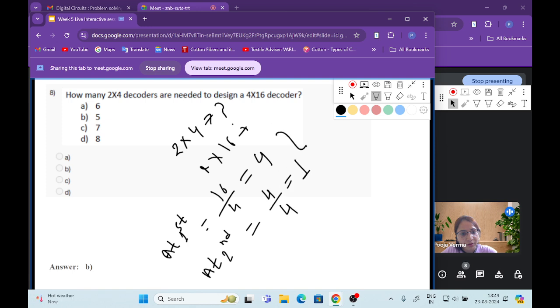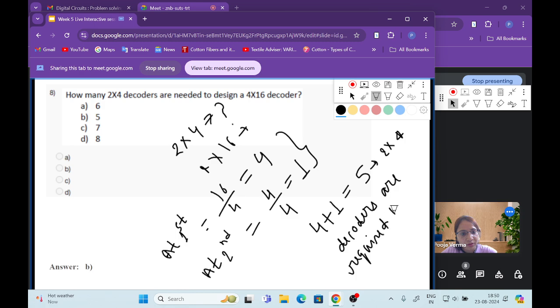So the total number of decoders required to design a 4 into 16 decoder is 4 plus 1, that is 5. 5 2 into 4 decoders are required to design a 4 into 16 decoder.